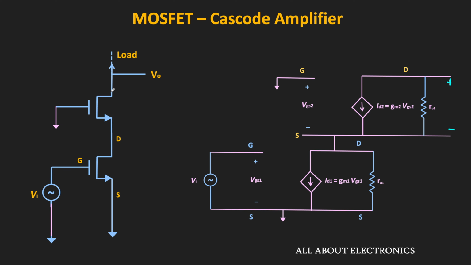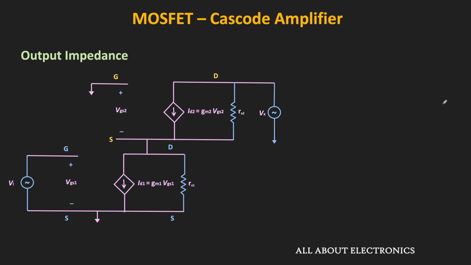To find the output impedance seen from this side, let us apply a test voltage, considering all the independent sources in the circuit as 0, and find the test current. The ratio of the test voltage to the test current gives us the output impedance, which will be the output impedance of this cascode stage.